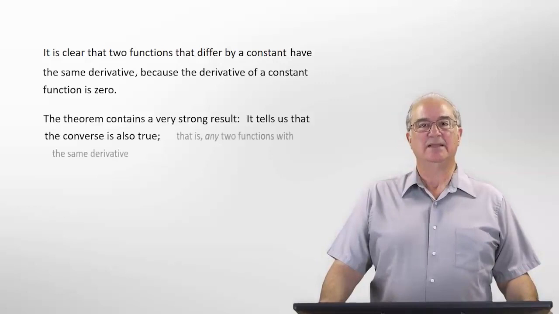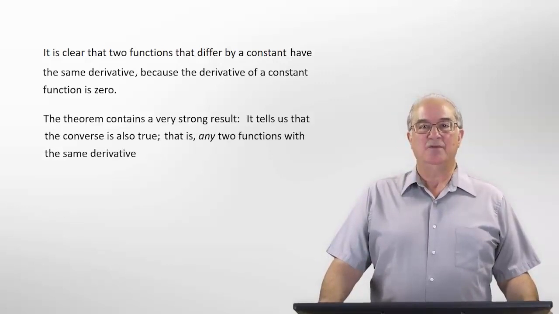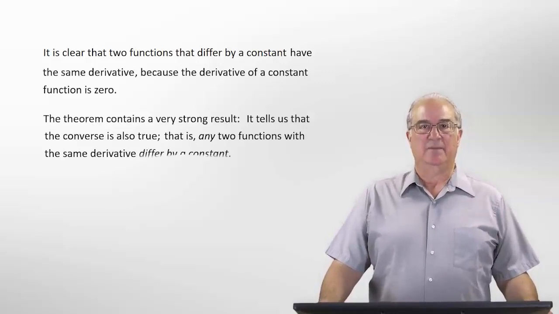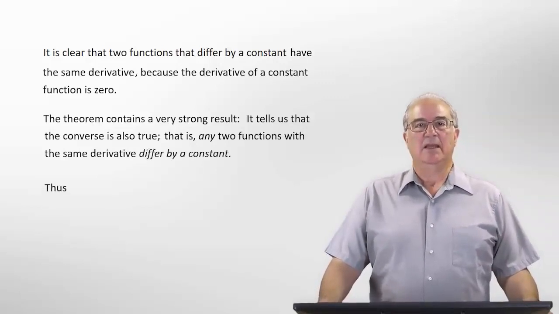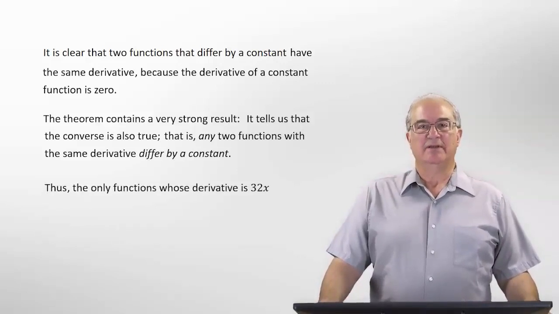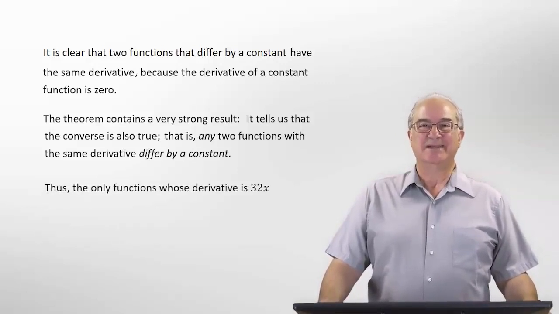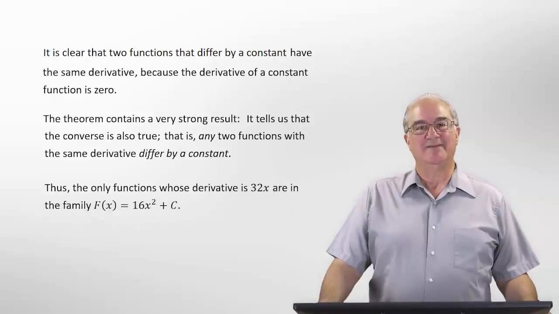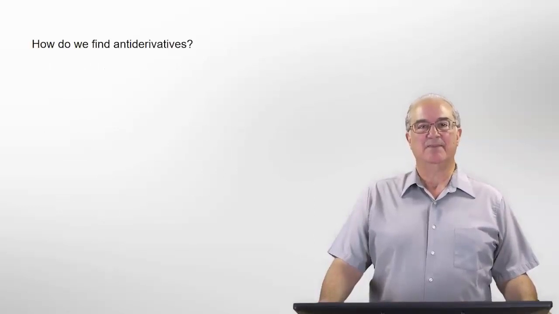So the theorem tells us that if any two functions have the same derivative, they must differ by a constant. And so the only functions whose derivative is 32x, for example, we have seen 5 of them, but the theorem now tells us that they are all in the family of functions capital F of x equals 16x squared plus an arbitrary constant c.